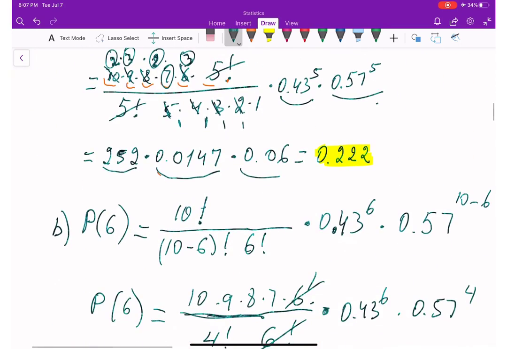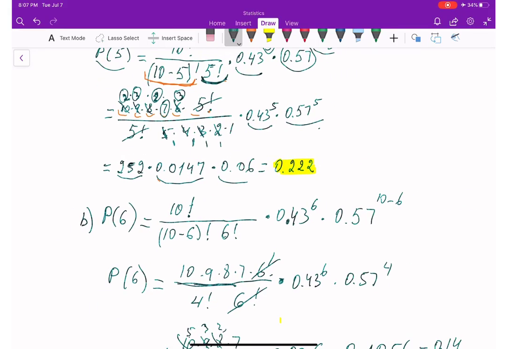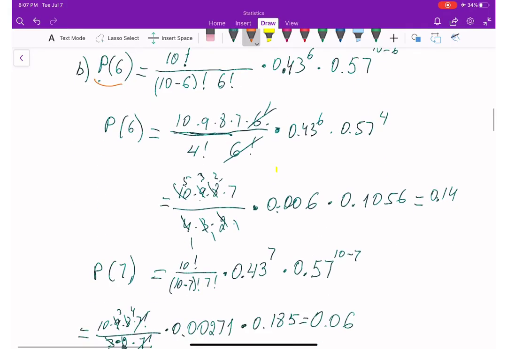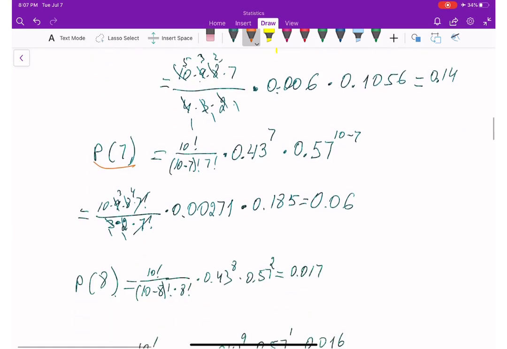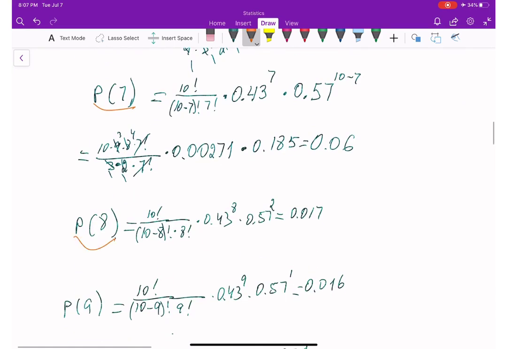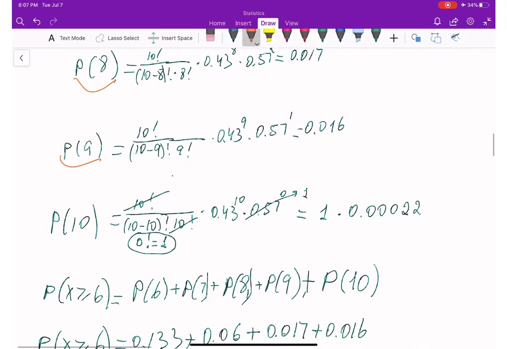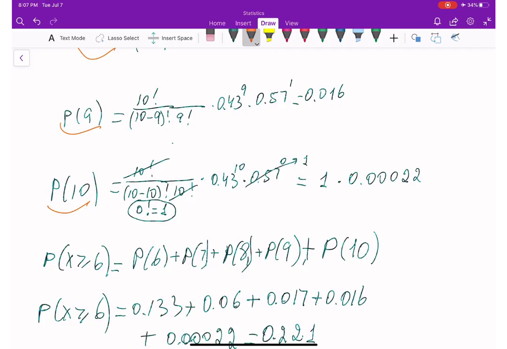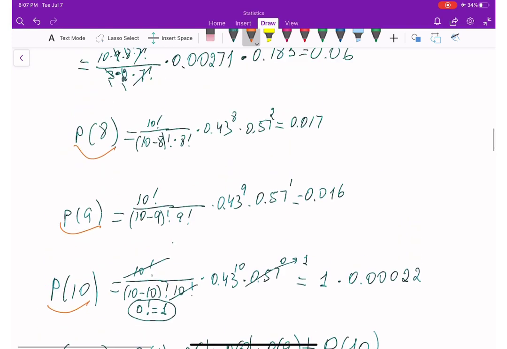So at this point, for at least 6, I'm going to calculate the probability from 6, from 7, from 8, from 9, from 10. And then at the end, I'm going to add them up, because it's greater or equal to 6.